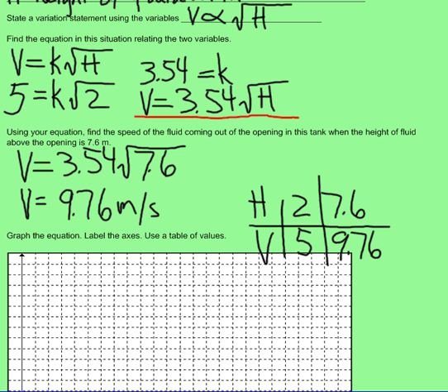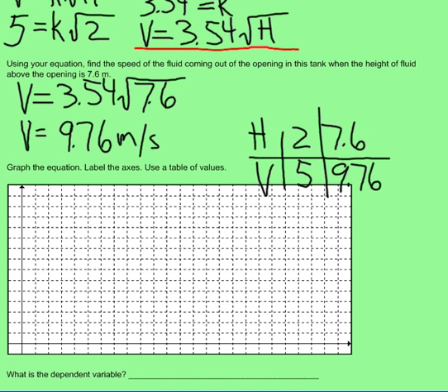Okay, graphing this. The dependent variable, the first one mentioned, was velocity, so that goes on the up and down axis. The independent variable, the second one mentioned, is h. Looking at our h numbers, we've got a 2 and a 7.6.